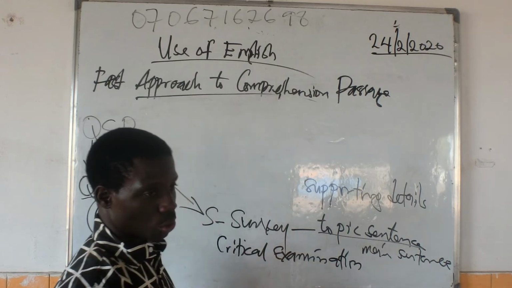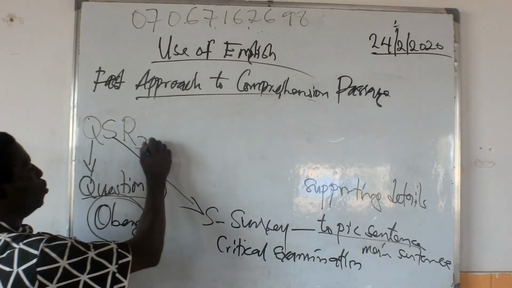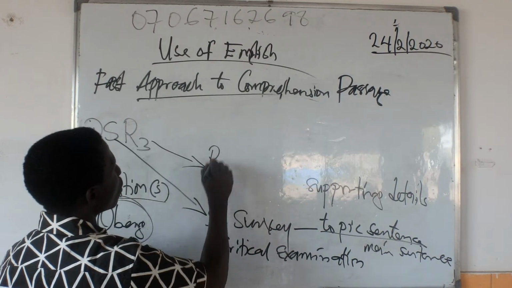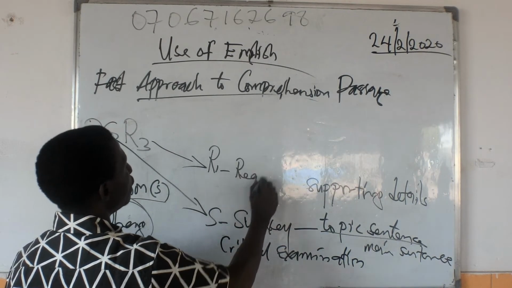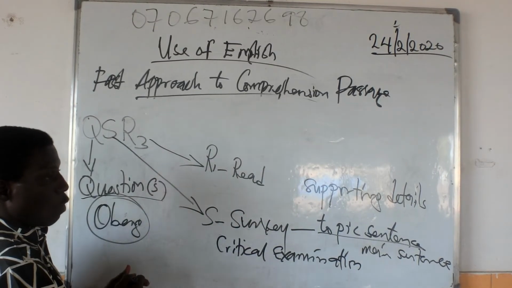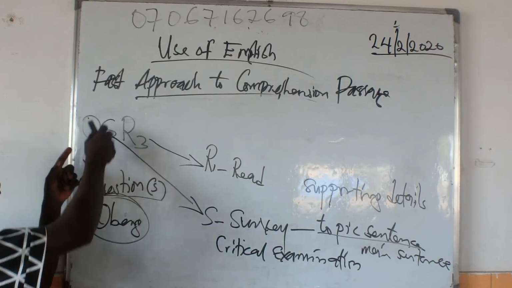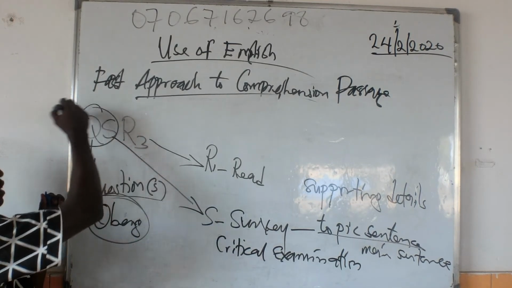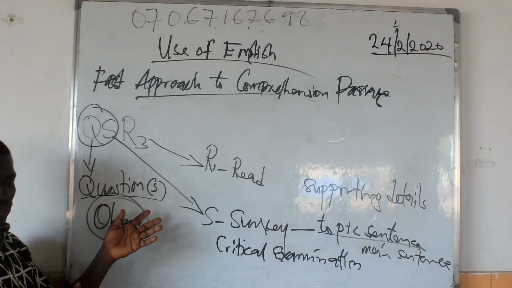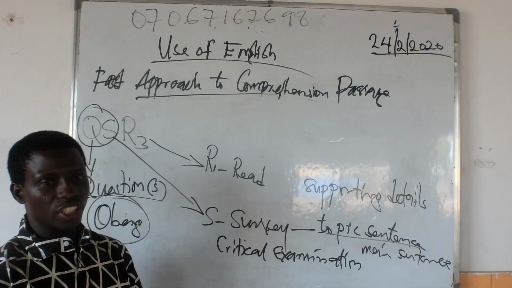So when this is done, the next thing he asks us to do, if you are not sure, is to employ what we call R1, which stands for read. So we have to read. If you are not sure of your work or of what you have done with the question and the survey, then you can read the passage, have an idea of the passage, know what the passage is talking about, and so on.